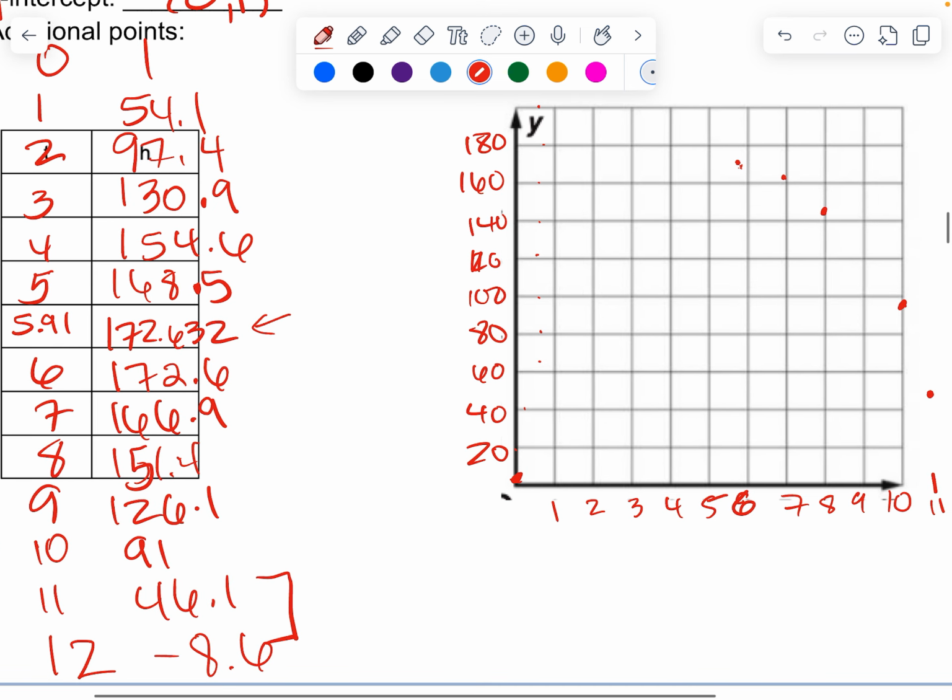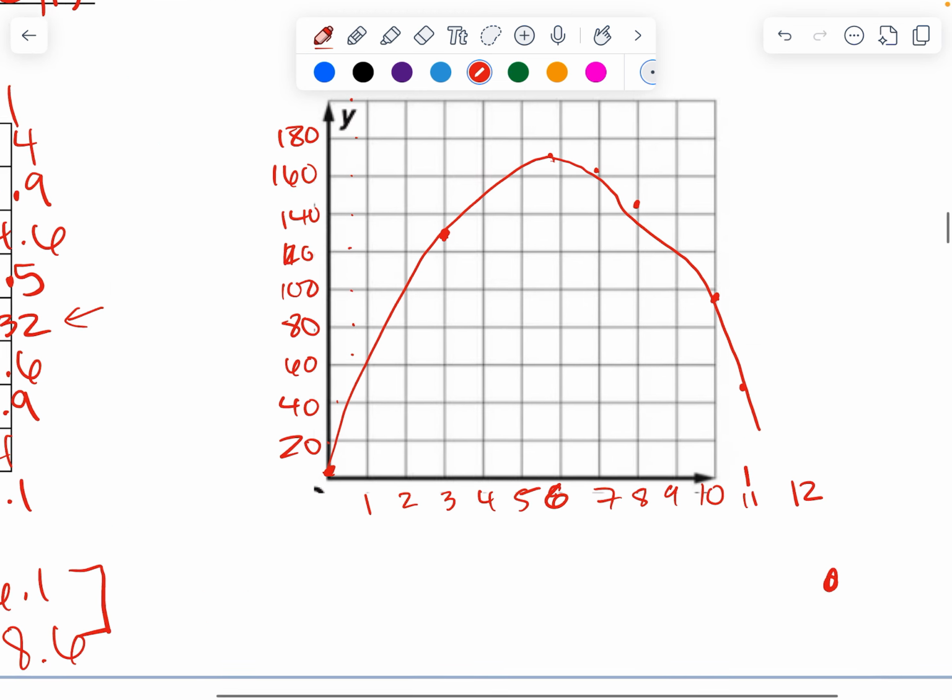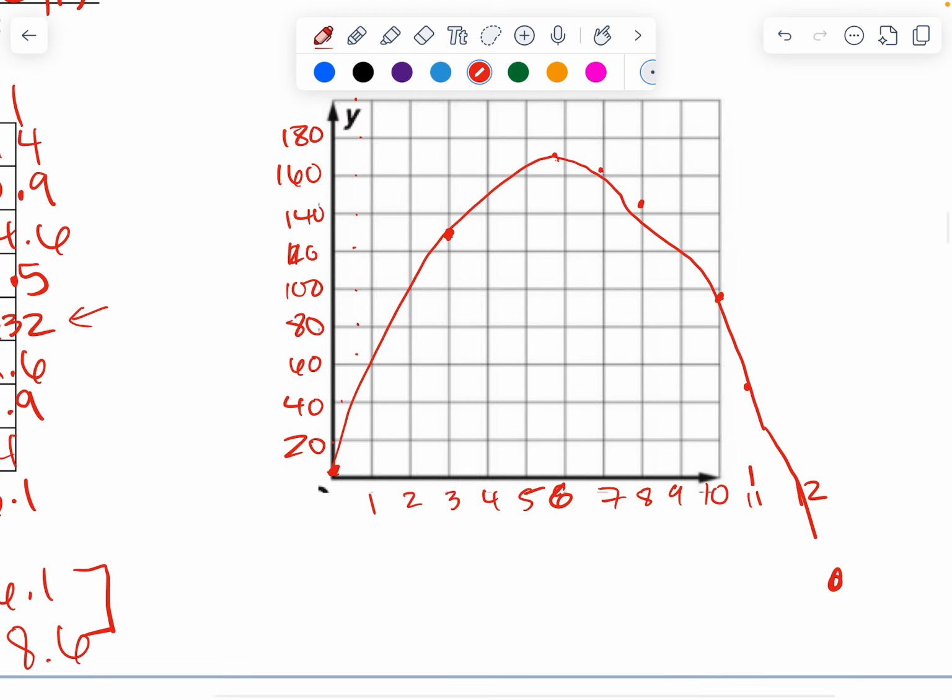Okay, I'm going to do 3. 3 is 130. So somewhere about here. So something like this is happening. Okay, but it's going to hit before it gets to 12, somewhere before 12.